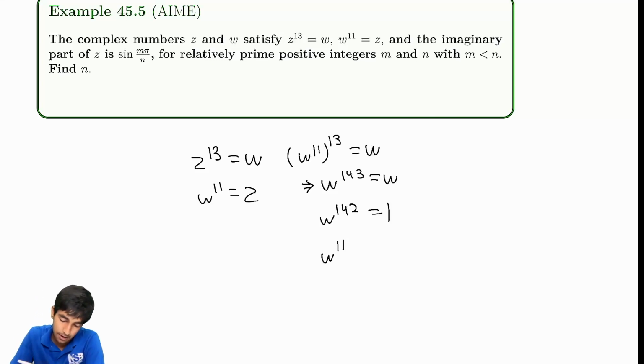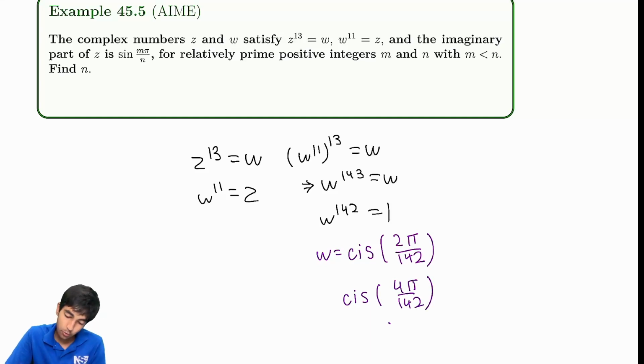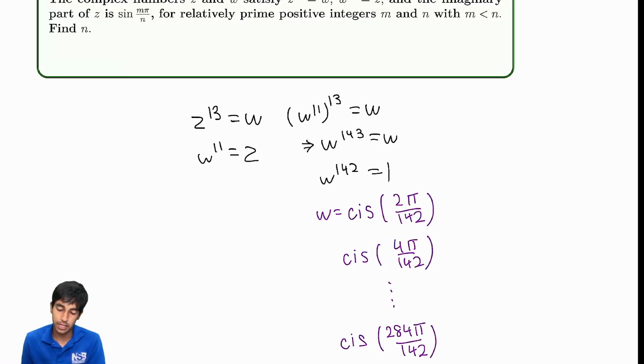So here's kind of the idea here. All the solutions are going to be of the form cis of 2 pi by 142, cis of 4 pi by 142, and this will go all the way until cis of 284 pi by 142, which is basically cis of 0, if you think about it.